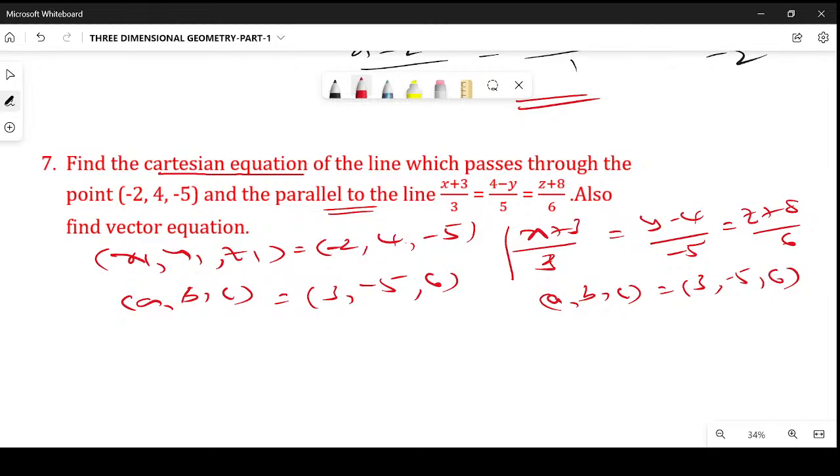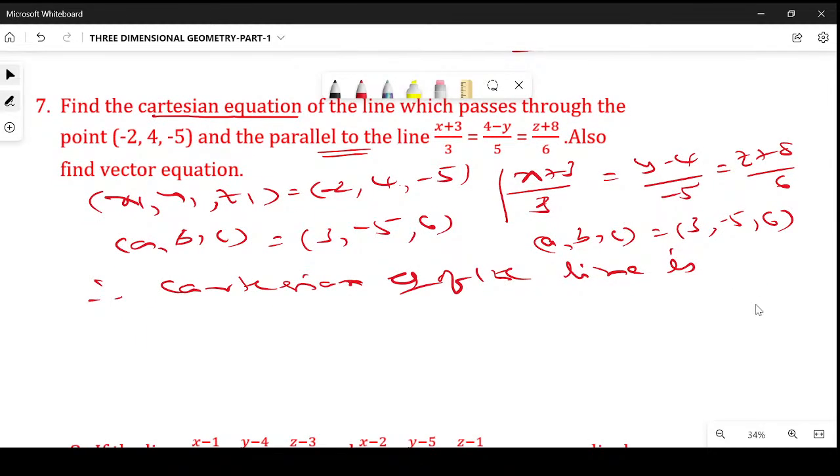Therefore, Cartesian equation of the line is x minus x1 by a equal to y minus y1 by b equal to z minus z1 by c.